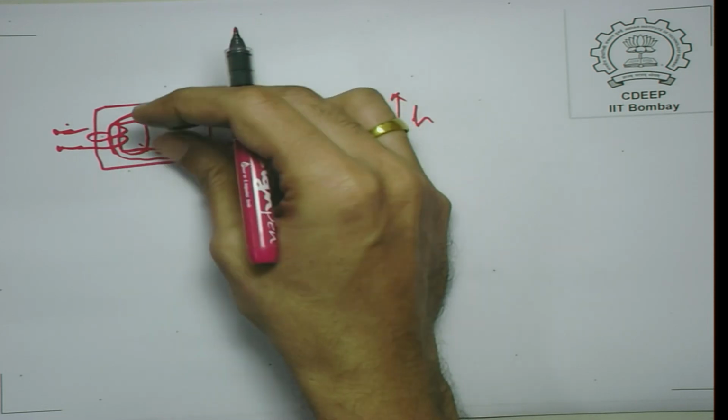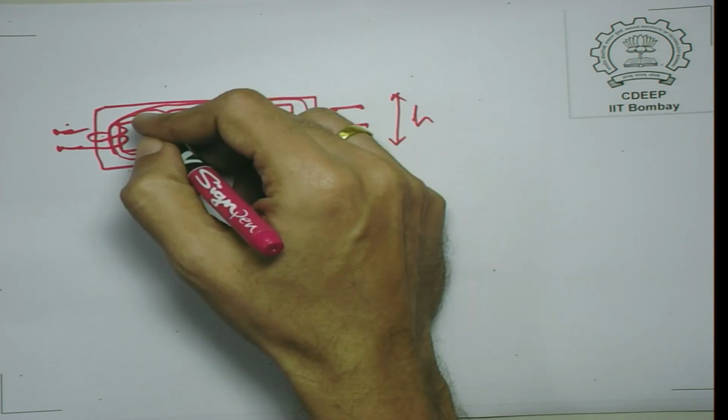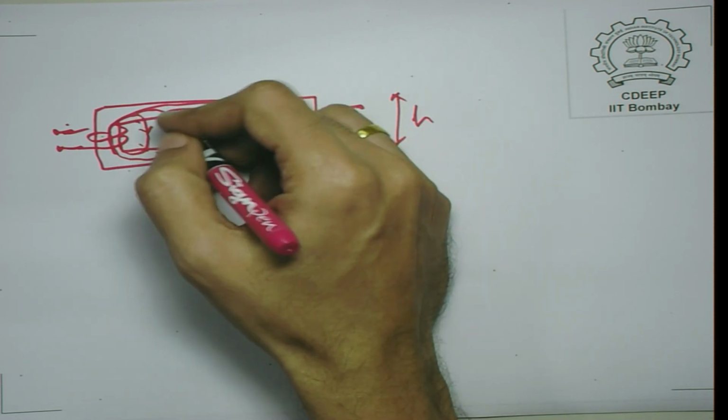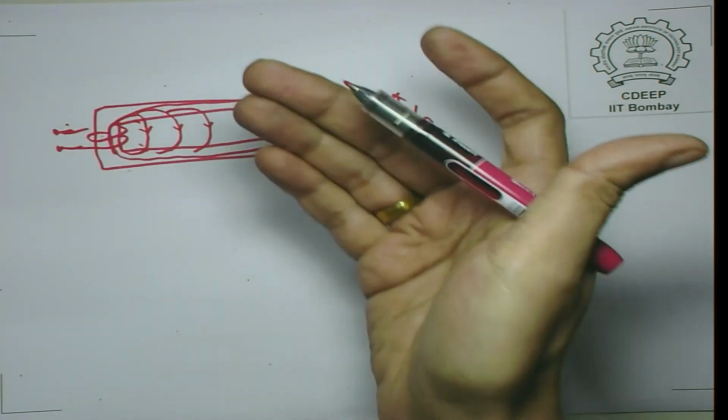Okay. And this height being less, the path which the leakage flux has to traverse through the air is actually quite less. What do I mean by less?